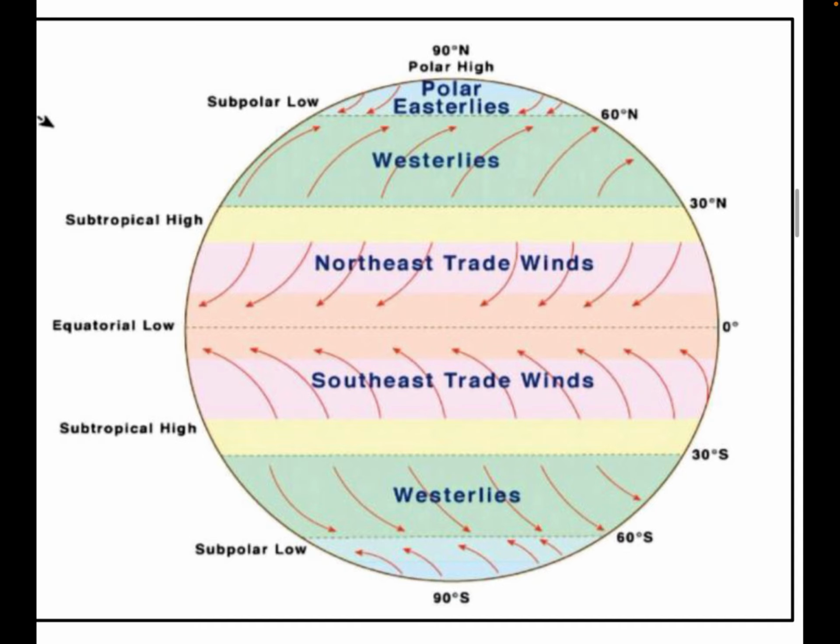And the third one is tertiary circulation, formed due to local pressure gradient, like local winds, like Loo in India, then Sirocco and Chinook and Harmattan. These are examples of tertiary circulation.